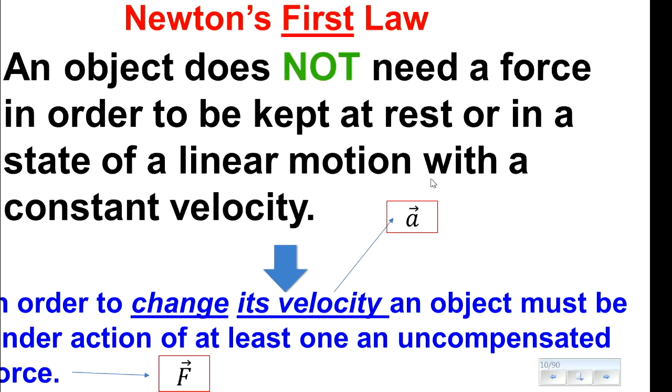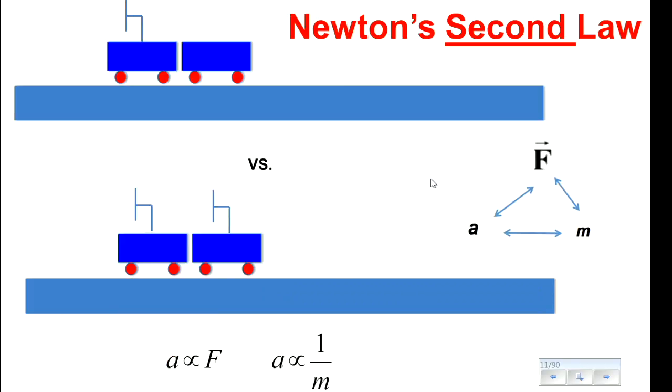You don't need to apply force to keep an object moving with a constant velocity. Net force is zero, or no forces at all. It will be traveling at constant velocity or being at rest. That's the first law. But if you want to change velocity, we have to apply net force, which is not zero. And that's the second law.